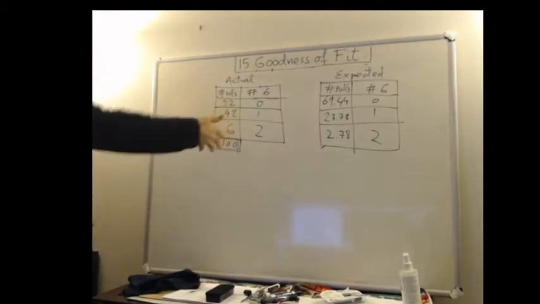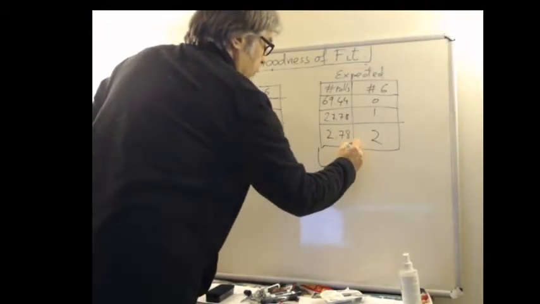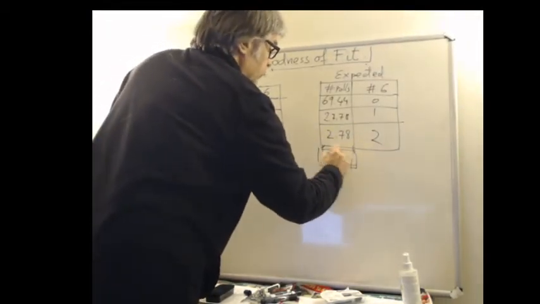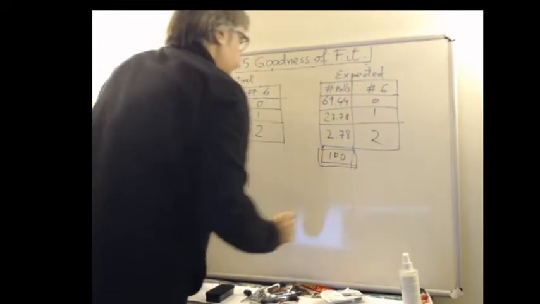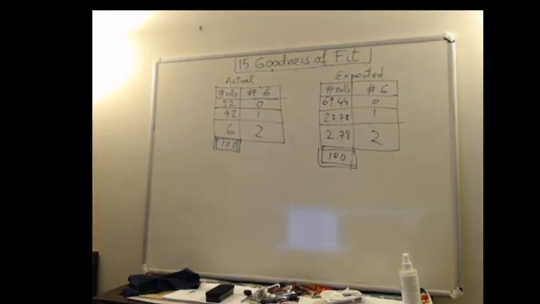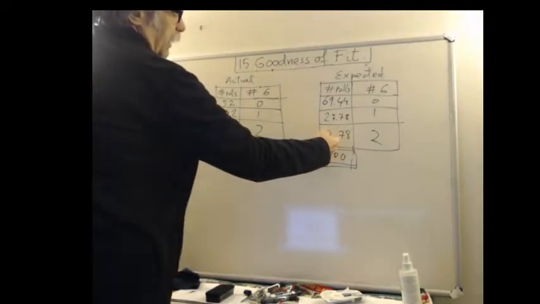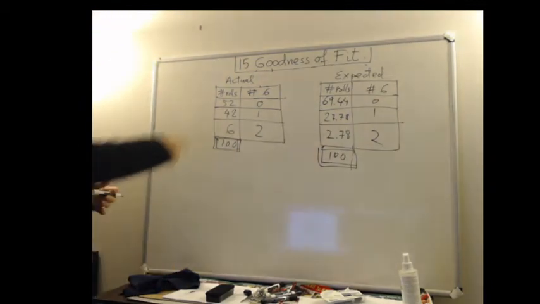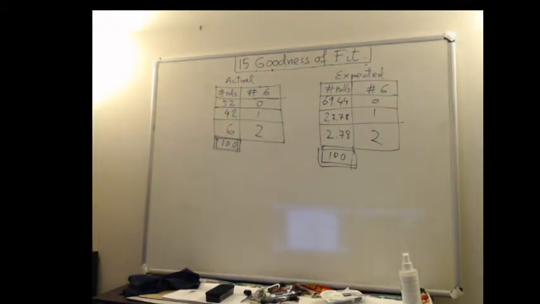So again, this is what actually happened. This is also 100, right? And this is what should happen if the dice are fair, and this is what actually happened. So, there is a difference. What is the difference here? Well, I should have less than 3 times both sixes, but he has 6 times 2 sixes.